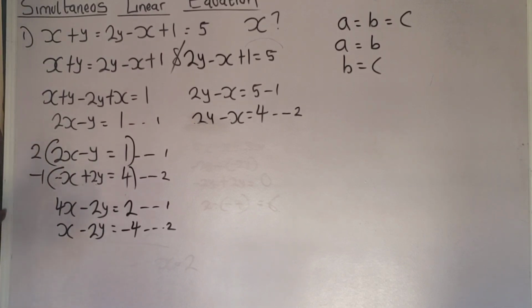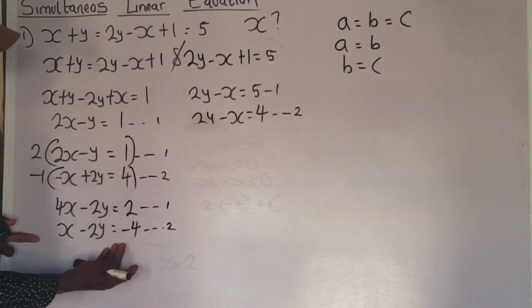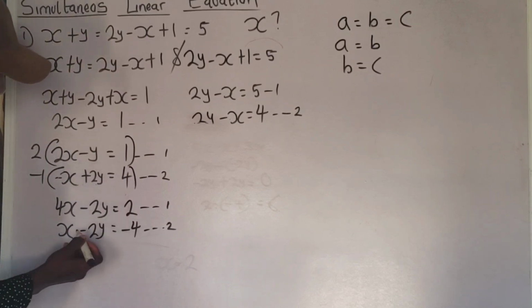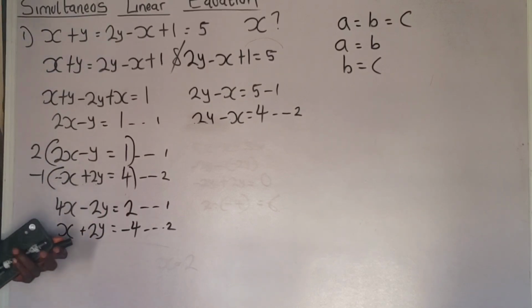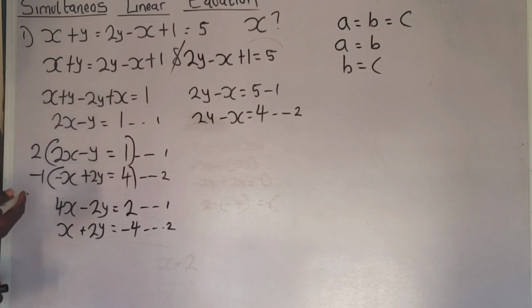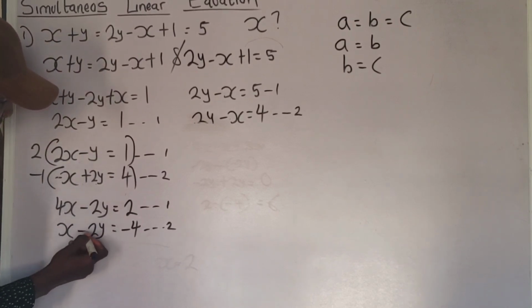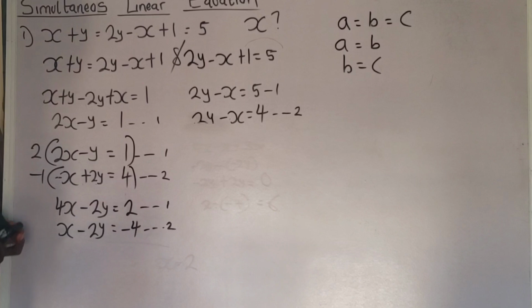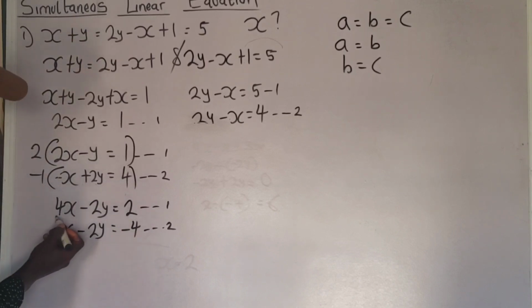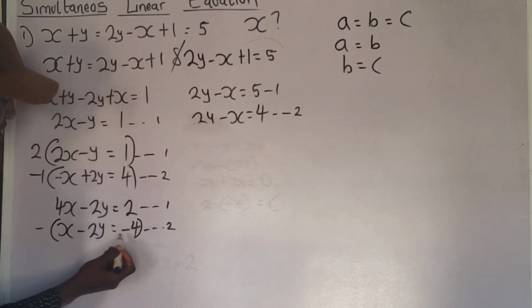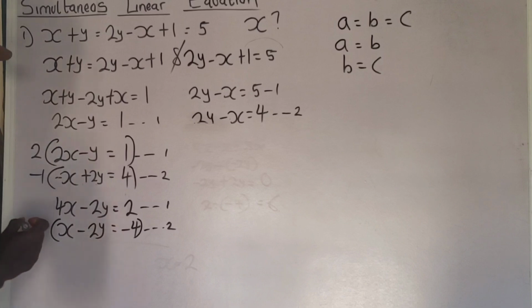So in an attempt to eliminate y, I'm going to subtract equation 2 from equation 1. Let's say I had positive 2y in the second equation; if I add both equations, I'll be able to eliminate y. But because the sign is negative, I'm going to subtract equation 2 from equation 1.